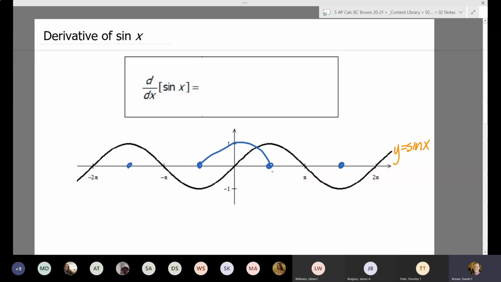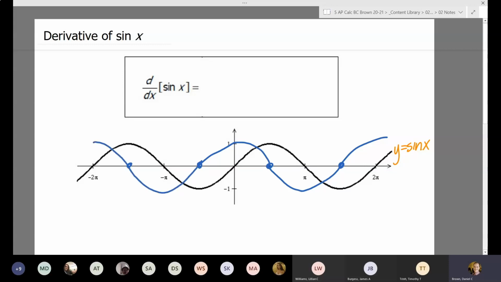Then the graph is decreasing and concave down. Then it's decreasing and concave up, so my derivative will be going up. And this last section is increasing, so a positive derivative, and it's concave up, so the graph will be increasing as well. And I can repeat that shape going across.